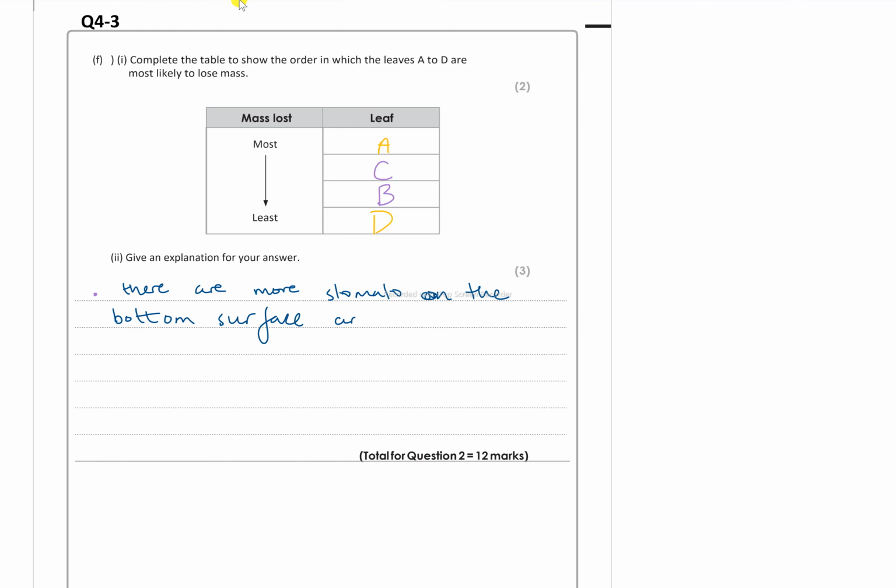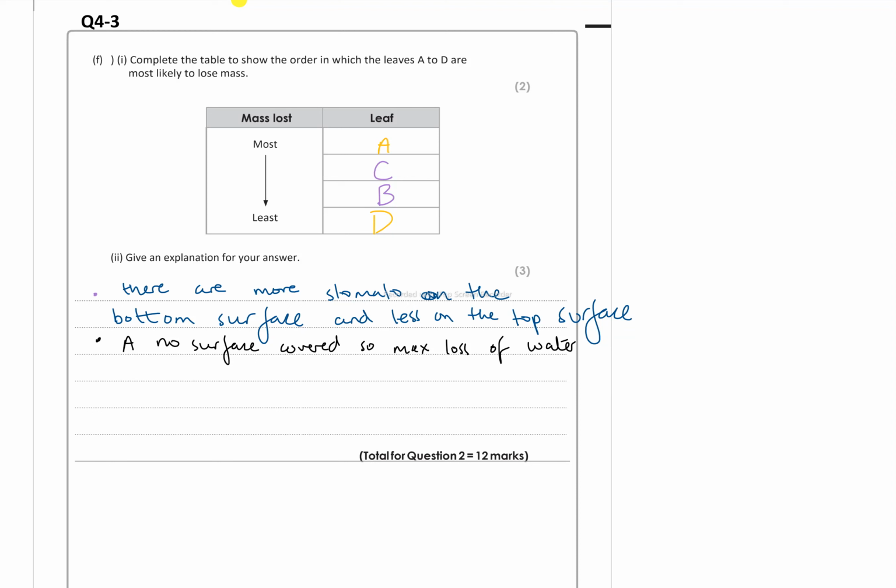And less, if none, or fewer, on the upper surface or top surface. Right. So A, no surface covered, so maximum loss of water or mass.